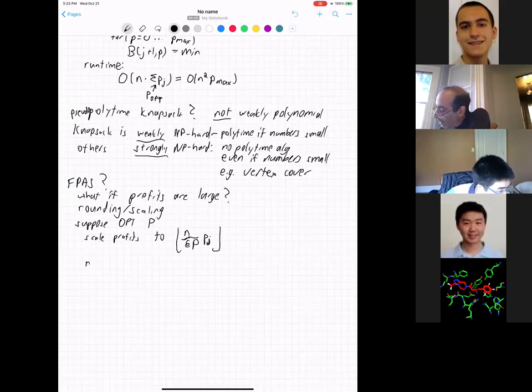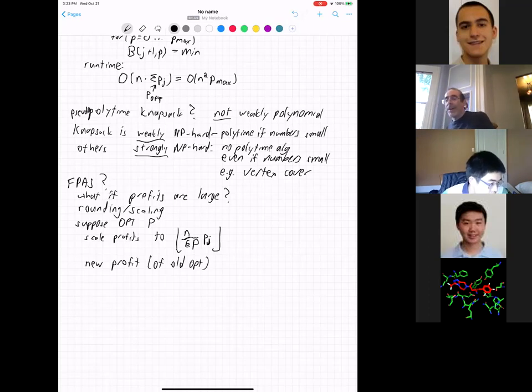So if I perform this transformation, what can I say about the new profit of the old optimum? Right, notice I've changed profits, but I still have the same items. So if I just look at the new profit of the old optimum, what's it going to be?